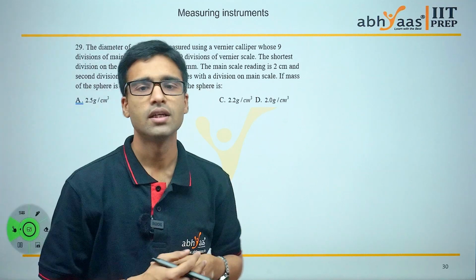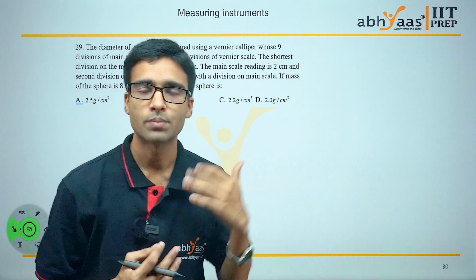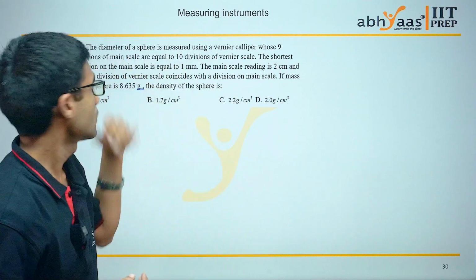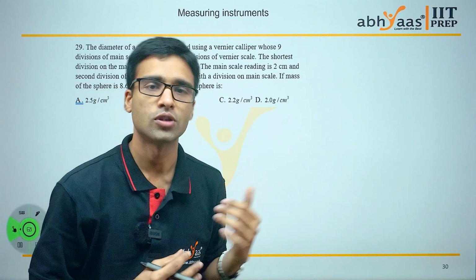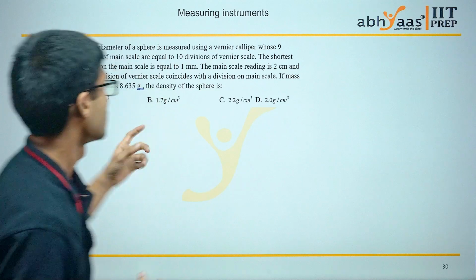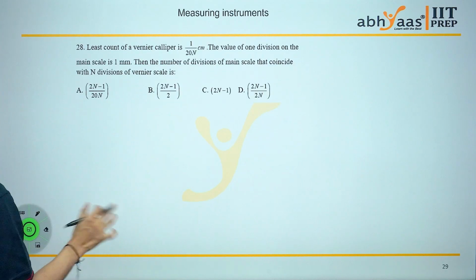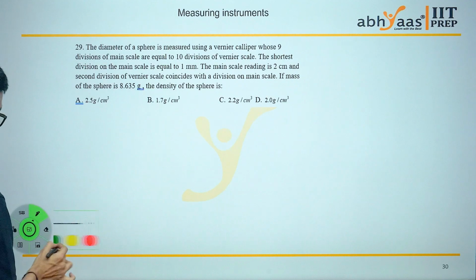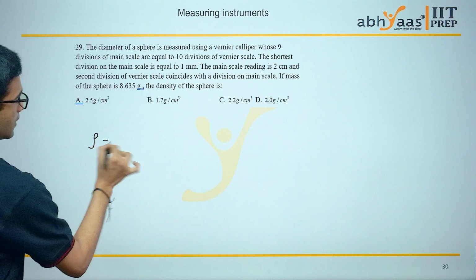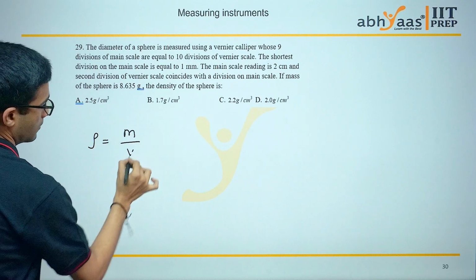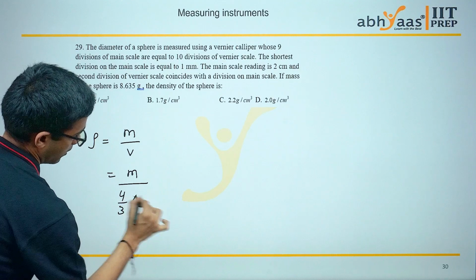Generally, density is equal to mass per volume. The shape is given as a sphere, so the sphere volume directly. Density, written as rho, is equal to m by v, so m by 4 by 3 pi r cube.